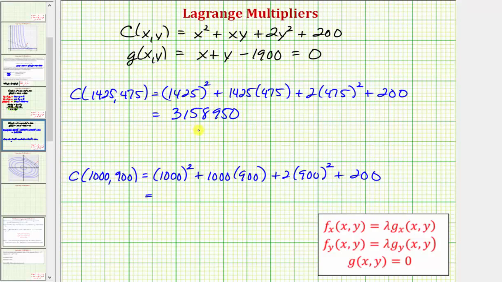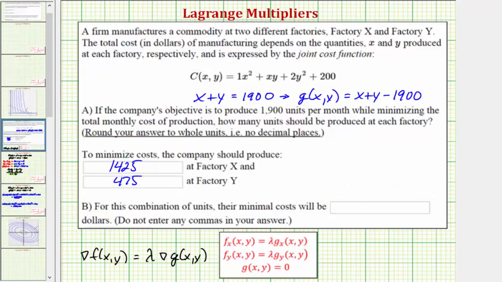And again, just to select another point that would satisfy the constraint, let's go ahead and evaluate the cost function at c of 1,000, 900. This actually comes out to 3,520,200. So this is going to be the minimum cost given the constraint. So going back to our question, for part B, we have $3,158,950 as the minimum cost per month.